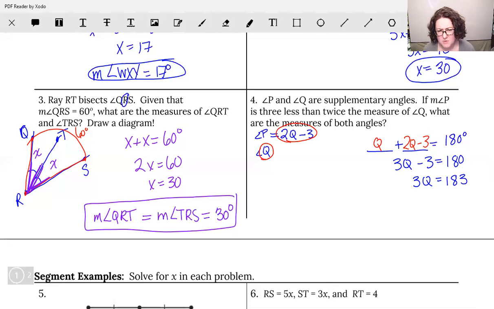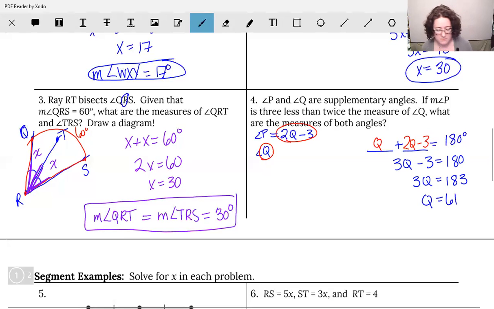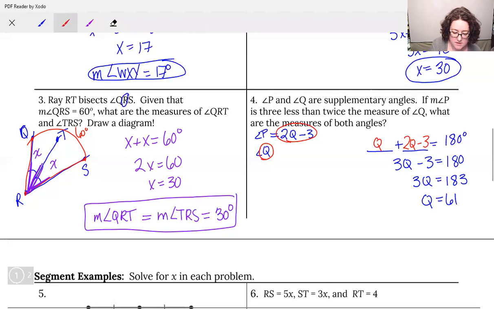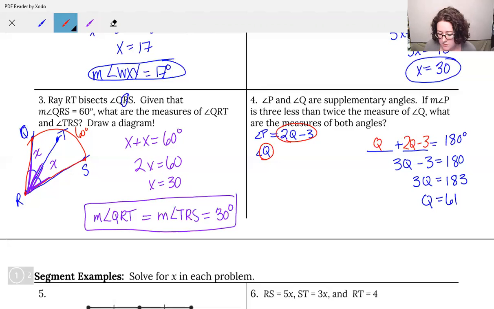So wait a second, I'm not probably going to have a very good value on here. I do need to divide both sides by 3. So 183 divided by 3. Hey, looky there, it actually comes out pretty nice. 61. So Q has a measure of 61 degrees.